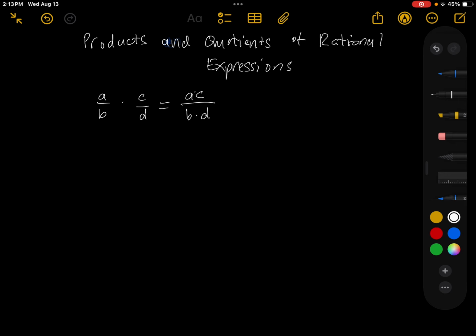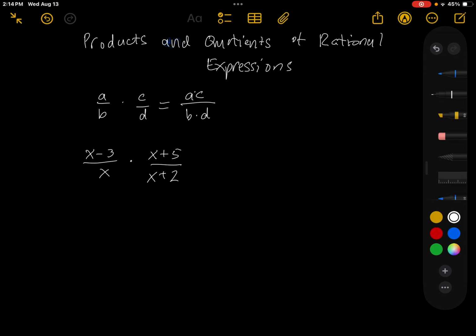Now when you have a rational expression, like x minus 3 over x, and you multiply it by another rational expression, like x plus 5 over x plus 2, let's think about what this is going to mean. Remember, x is a symbol, but it stands for a number.